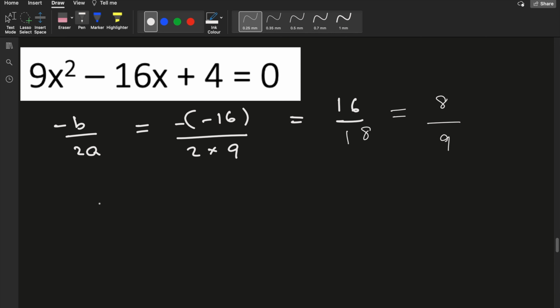Now let's find the y coordinate of the vertex. It's minus discriminant divided by 4a. So that's minus of b squared minus 4ac, where b squared over here is 16 squared, and 16 squared is 256.